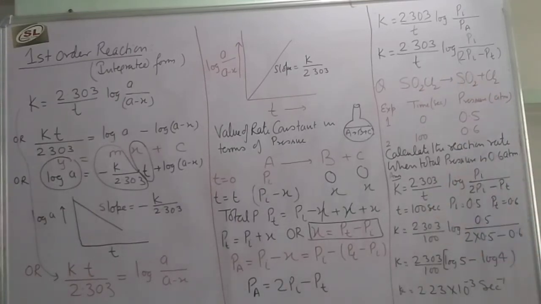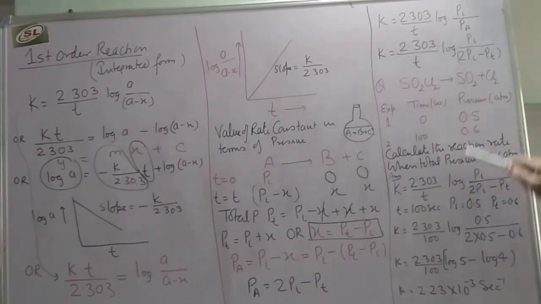After 100 seconds, the total pressure becomes 0.6 atm. Now in 0.6, the pressures of SO2Cl2, SO2 and Cl2 are involved. And we have to calculate the rate constant when the total pressure is 0.6.